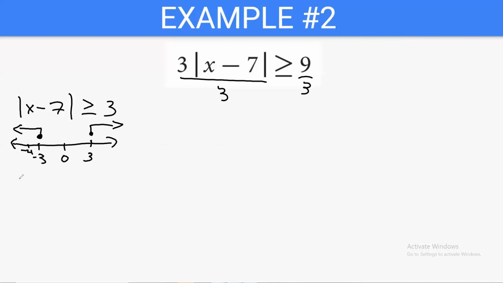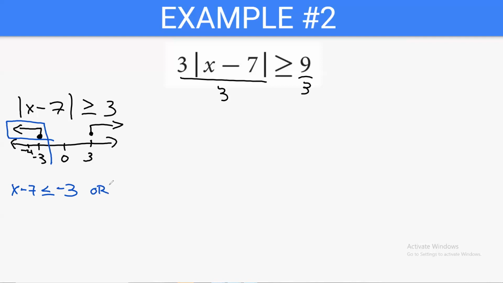So on my left-hand side of the inequality here, how do I represent that in terms of an inequality? X minus 7 is going to be less than or equal to -3, right? Like -4 is less than -3, correct?